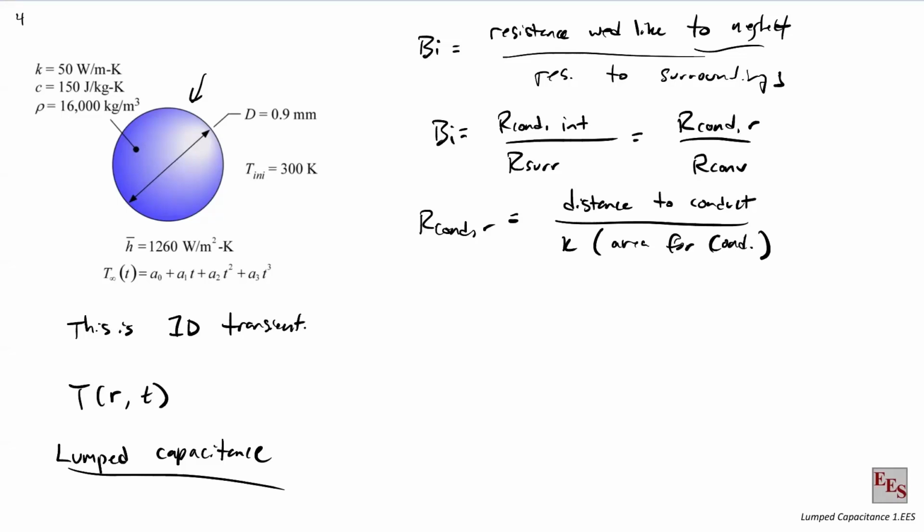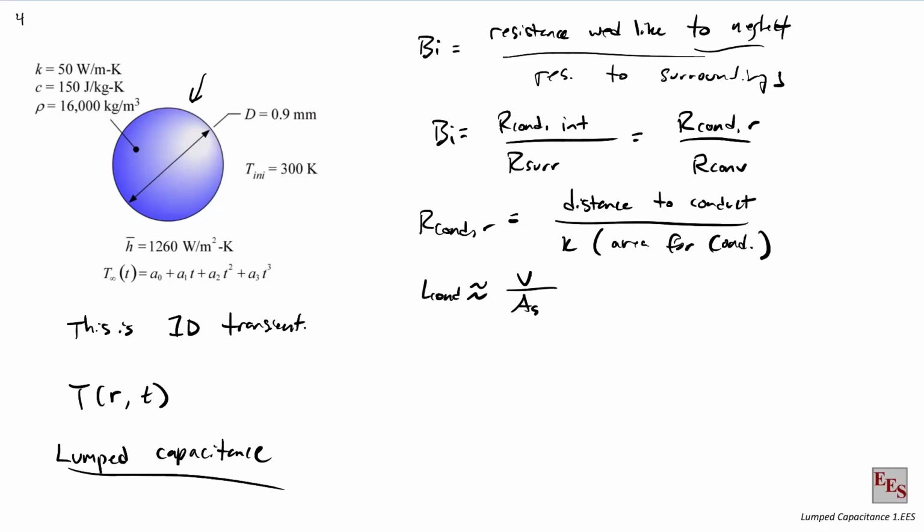But if we're talking about internal energy change of this body, on average, how far does it have to go? Well, again, this is an approximate thing. We're trying to come up with an approximate number, so we don't have to be super precise. So let's approximate our distance to conduct here as L conduction is approximately equal to the volume of the body, in this case a sphere, divided by the surface area of the body.